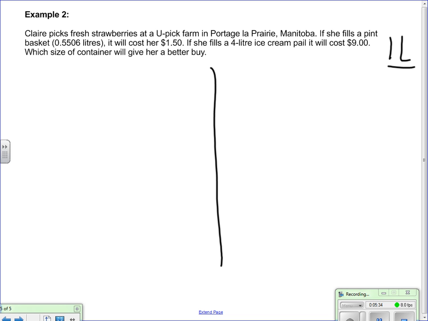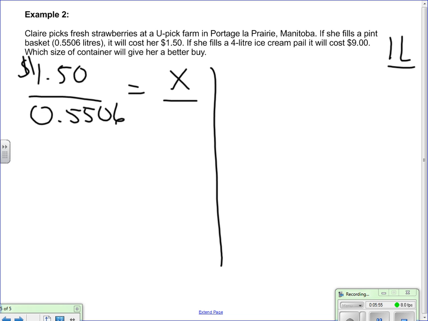So remember that a pint is 0.5506 liters, and that's going to be equal to $1.50, and that's going to be equal to X over 1.